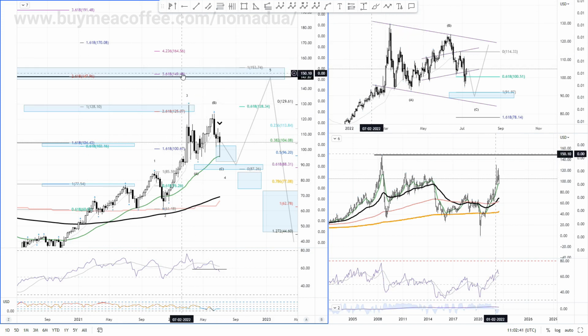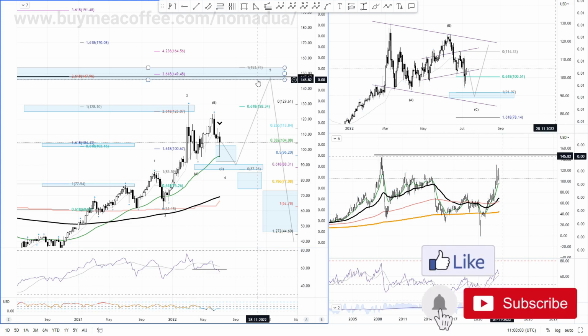A lot of traders have their take profits in this area. And this level is basically the all-time high. So if you are going to buy, it would be a good idea to place a take profit order here.